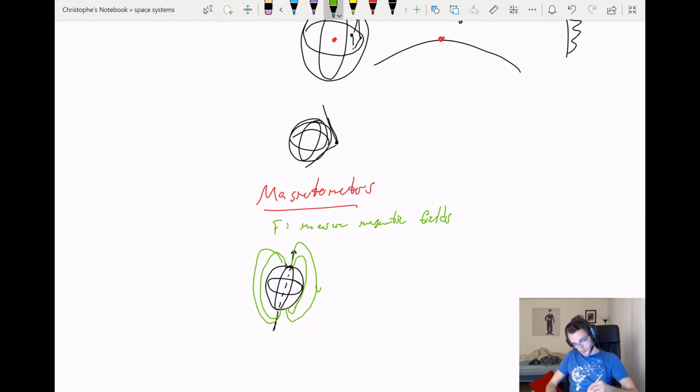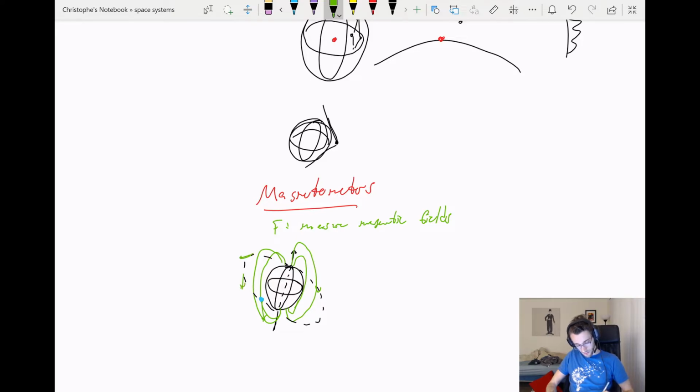So let's say we've got some orbit that passes through the Earth's magnetic field, and you've got a space vehicle that rides along that orbit.